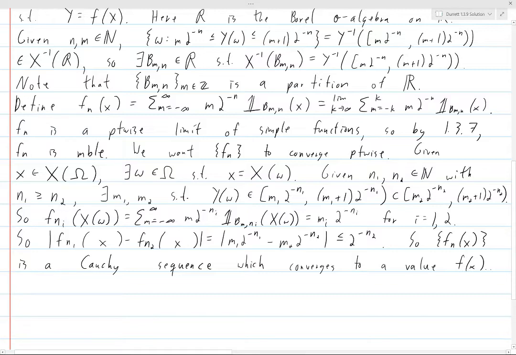So the resulting function f is a pointwise limit of measurable functions, so again, by 1.3.7, it is measurable. All right.